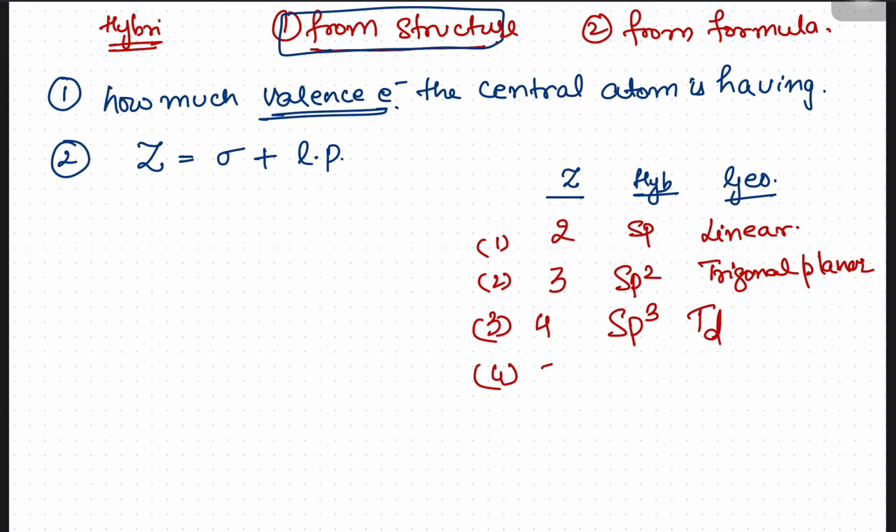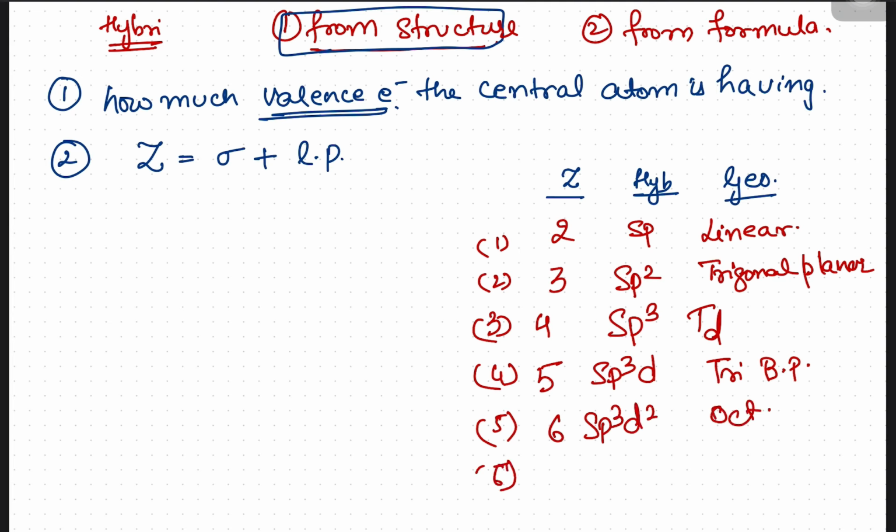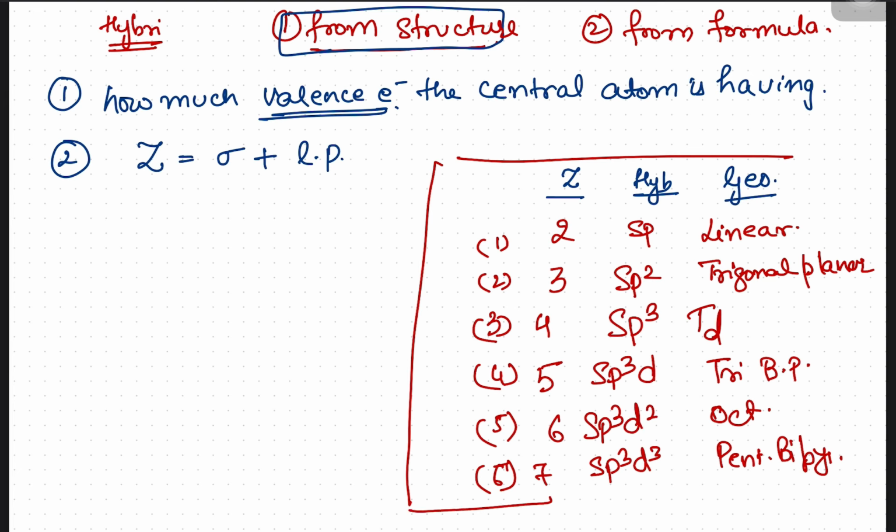Similarly, for 5, sp3d and trigonal bipyramidal. Then for 6, sp3d2, octahedral. Then for 7, sp3d3, pentagonal bipyramidal. This table you have to learn. This is a very important table.